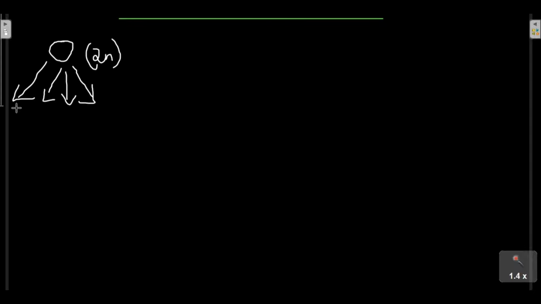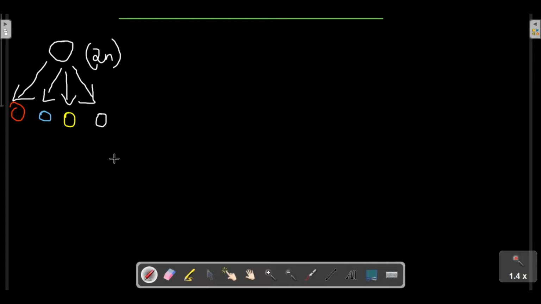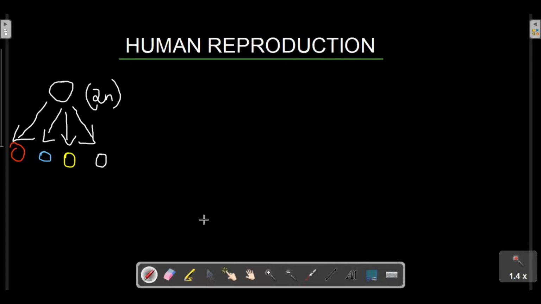Okay, so we talked about that. And we said that these occur in the sex organs, okay, which is testes for males and ovaries for females. And so this is the first step to reproduction, the production of gametes or sex cells.